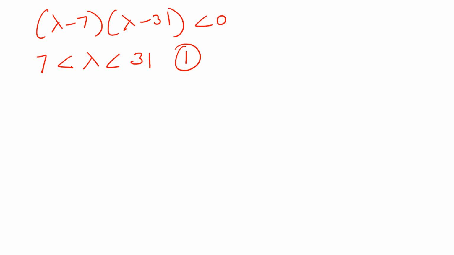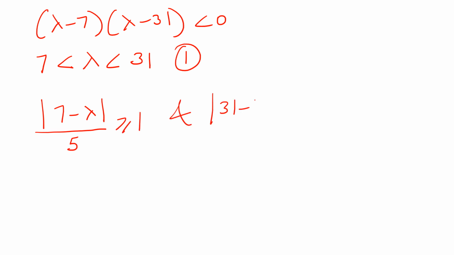Now we apply the second condition. And according to the second condition, the distances of the centers of these two circles from the given straight line must be greater than or equal to their corresponding radius. So that means |7 - lambda|/5 is greater than or equal to 1, and |31 - lambda|/5 must be greater than or equal to 2.